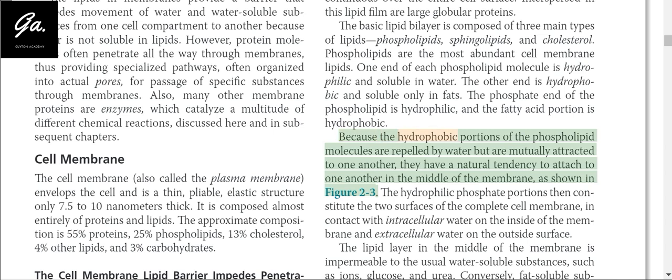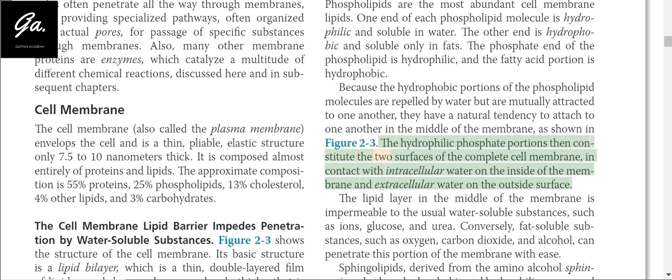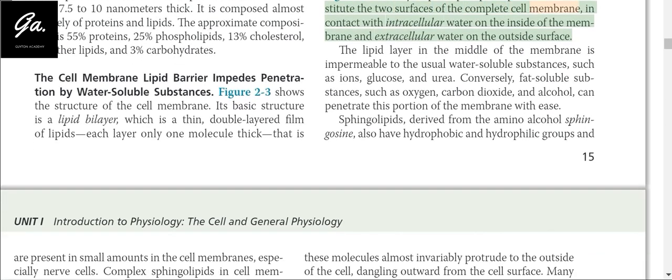Because the hydrophobic portions of the phospholipid molecules are repelled by water but are mutually attracted to one another, they have a natural tendency to attach to one another in the middle of the membrane, as shown in figure 2-3. The hydrophilic phosphate portions then constitute the two surfaces of the complete cell membrane, in contact with intracellular water on the inside of the membrane and extracellular water on the outside surface.